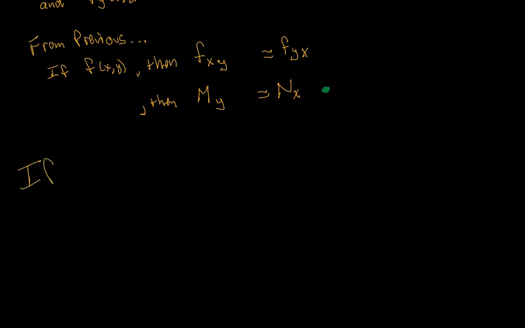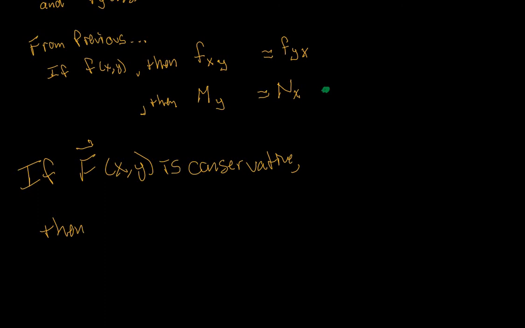If capital F, the vector field, is conservative, then we could take the first component called M, take its y derivative, and that should be equal to the second component's x derivative.